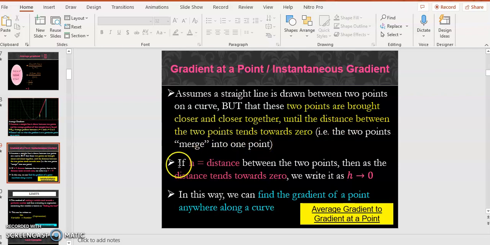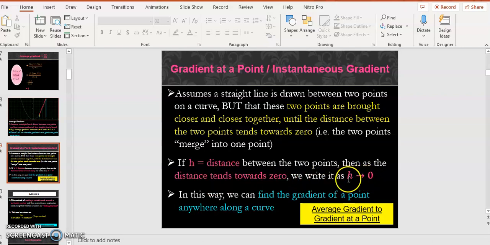All right, if h is the distance, for instance the distance is, let's say, 2, then you decrease it and it becomes 0. We say that distance h, or the distance between the 2 points, as the distance tends towards 0, we write it as h is equal to 0. I will explain it better.